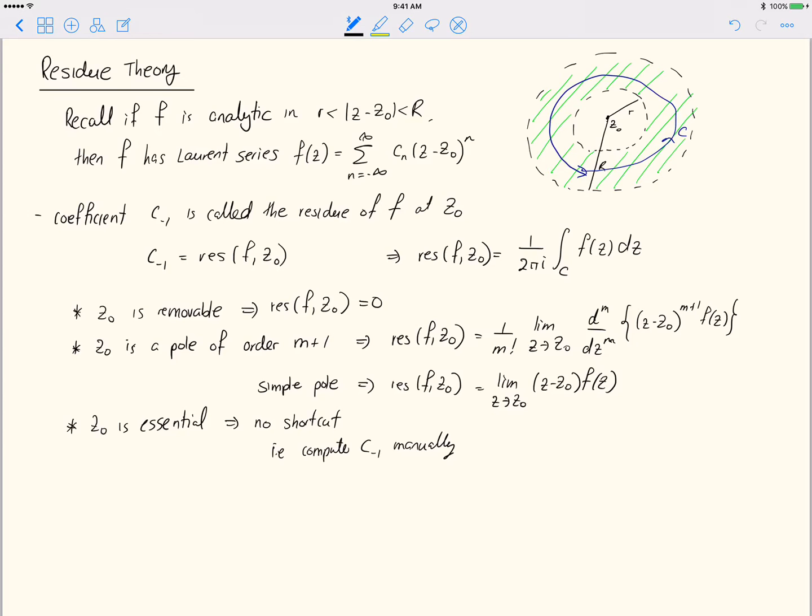Now, the big result now is what's called Cauchy's residue theorem. This is really something, actually, this result. I mean, you thought the other Cauchy results were good.